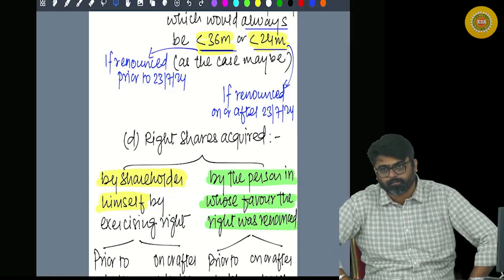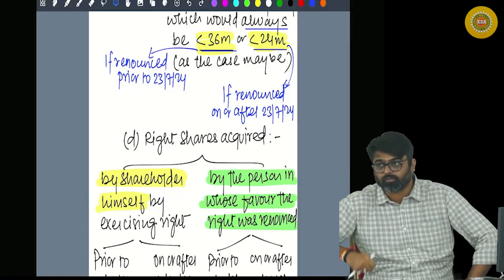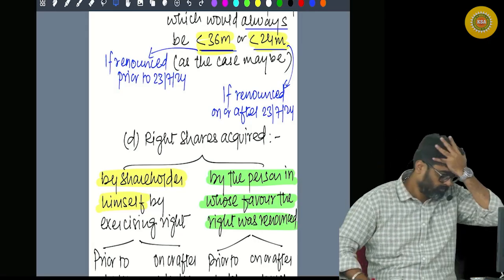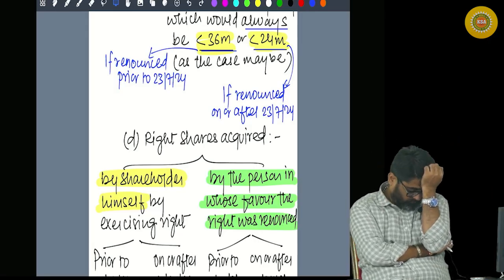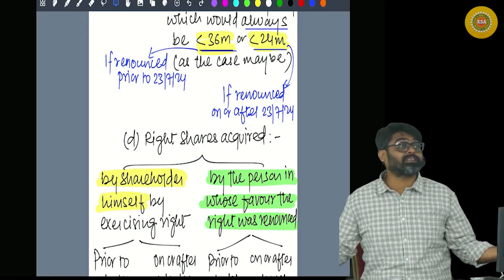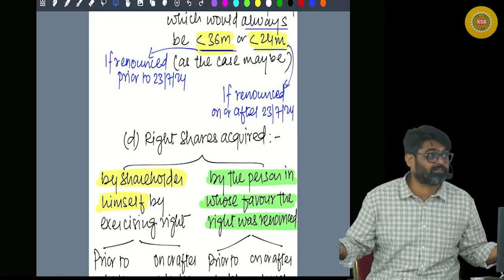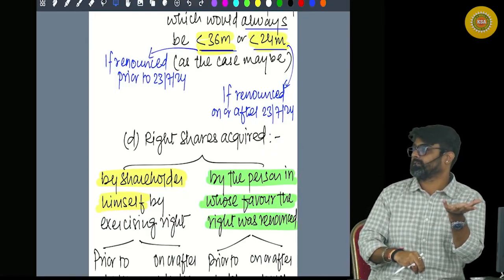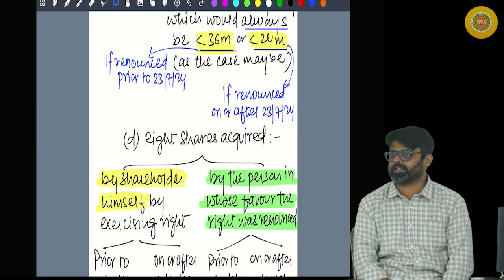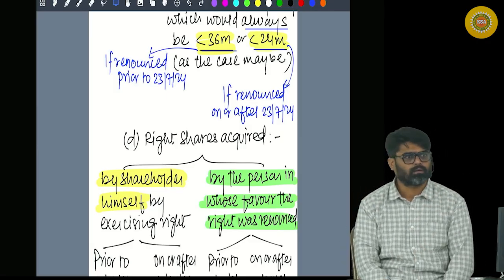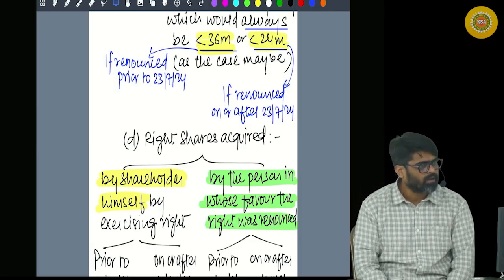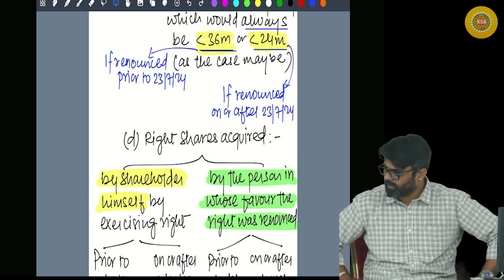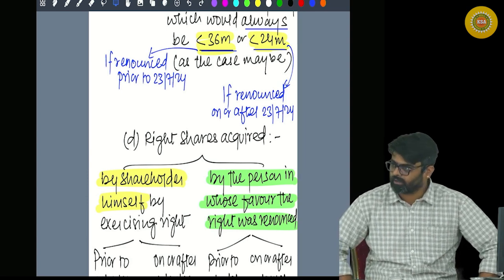Listed. Period of holding. For listed securities, what period of holding do you check? 24 months, 36 months?